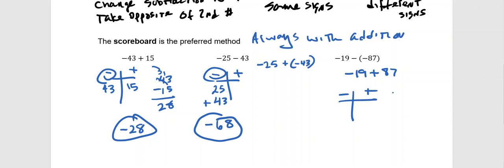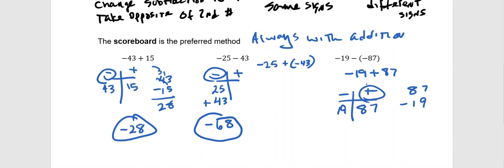Once again, I set up my scoreboard. Given that my 19 is negative, it goes on the negative side. My 87 is positive, it goes on the positive side. Because my numbers are in opposite columns, I will always subtract. I only add when the numbers are in the same column.